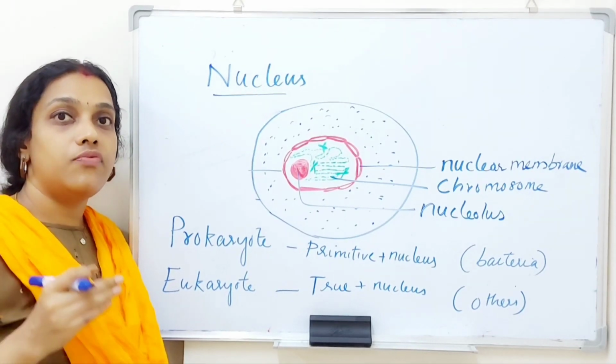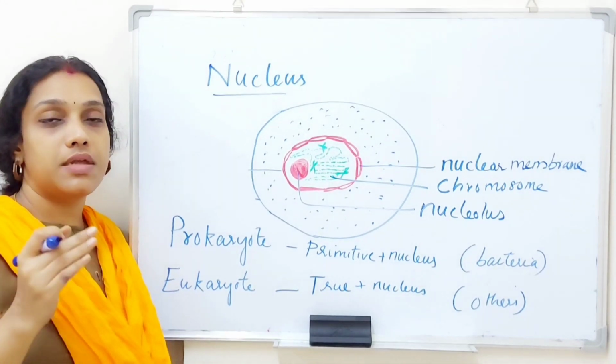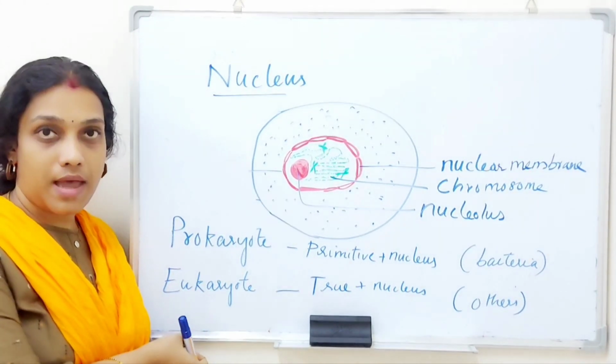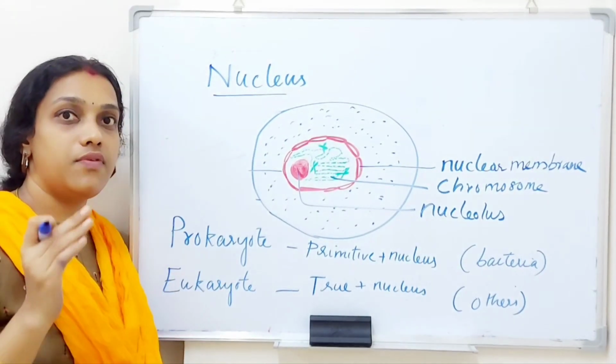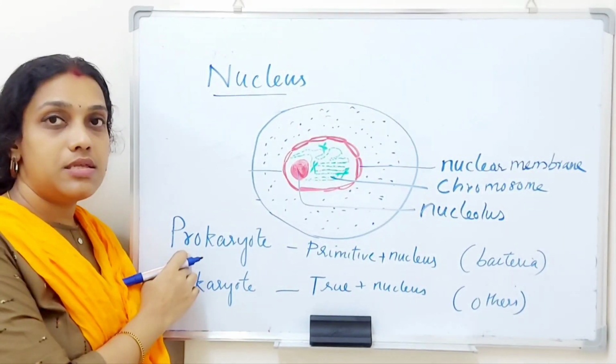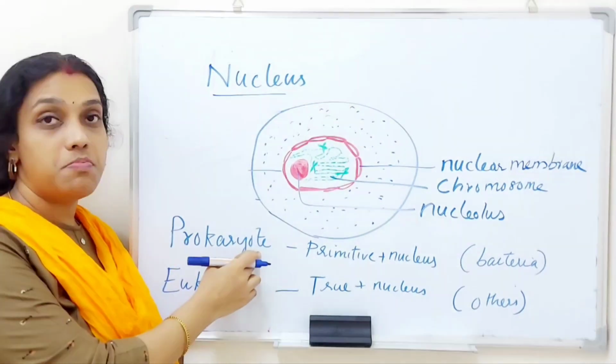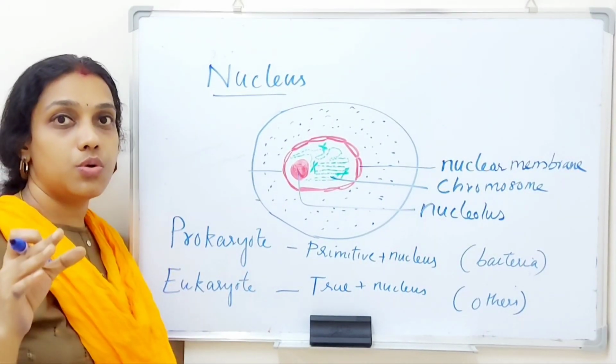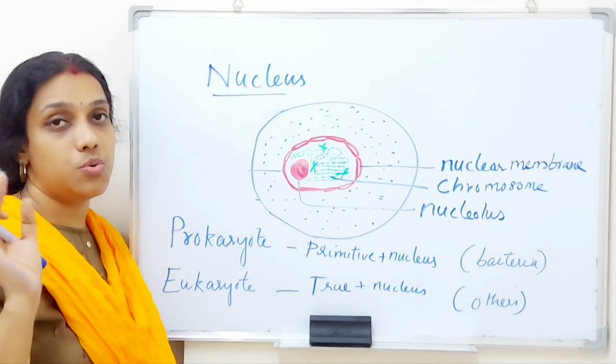Now based on the presence of the nuclear membrane, organisms are categorized into two groups. They are prokaryotes and eukaryotes. The word prokaryote can be split. Pro means primitive and karyote means nucleus. So prokaryotes are those organisms that have a primitive nucleus.